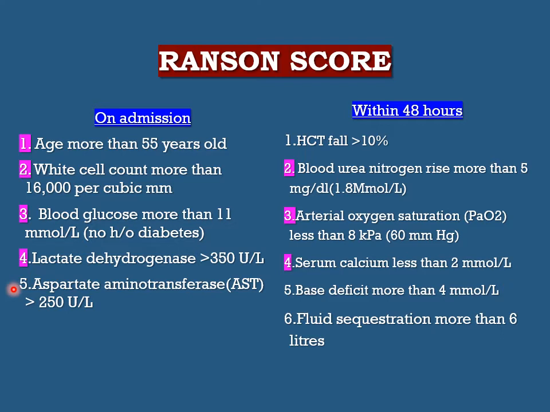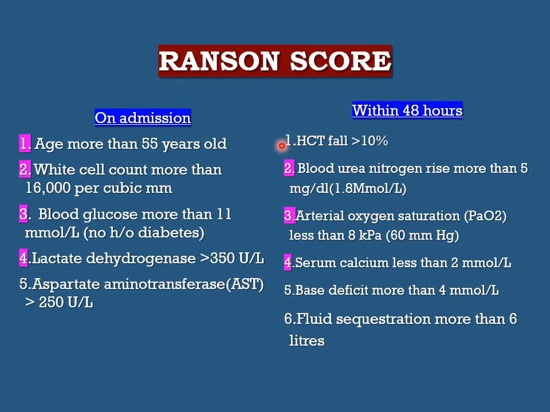So any of these parameters which are positive is given a point each, so a maximum of 5 points on admission. And then the patient is kept under close observation and monitored within the 48 hours, and these are the parameters that are checked for this patient.